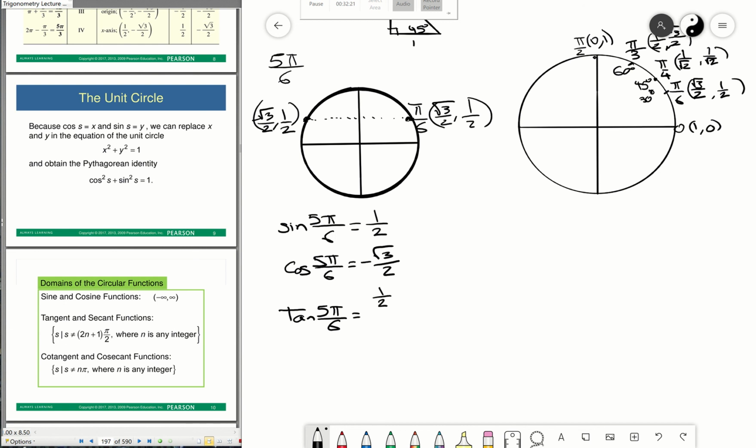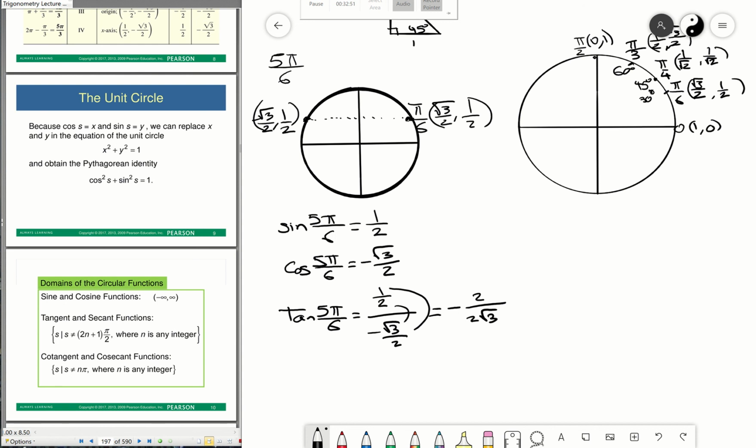So 1/2 over negative square root of 3 over 2. We do outer product over inner product, and we get negative, always watch the sign, 2 over 2 square root of 3. 2 times 1 is 2, that goes on the top. 2 square root of 3 goes on the bottom.